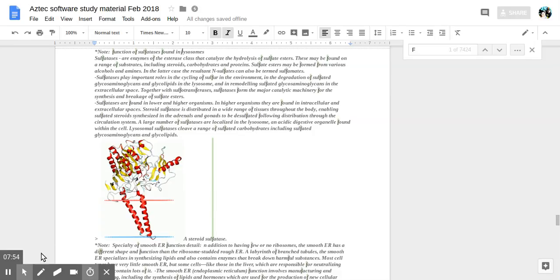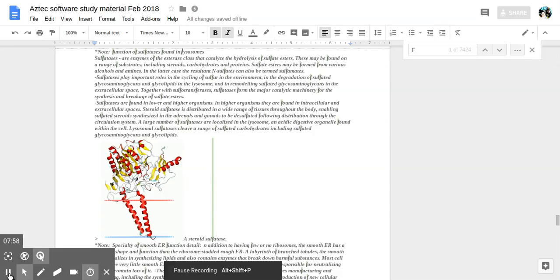We learned this previously. So there are various enzymes. An enzyme is a type of protein which is used for breaking down molecules and changing them. So there are various enzymes in the lysosomes with various functions.